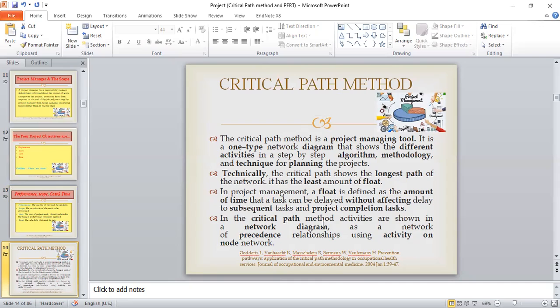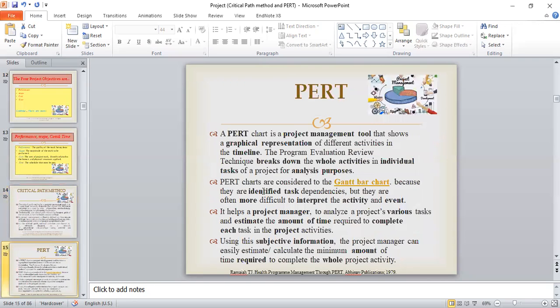In the critical path method, activities are shown in a network diagram as a network of precedence relationships using the activity on node framework. PERT is another project evaluation technique, a project management tool that shows a graphical presentation of different activities in a timeline. The program evaluation review technique breaks down the whole activity into individual tasks for analysis.